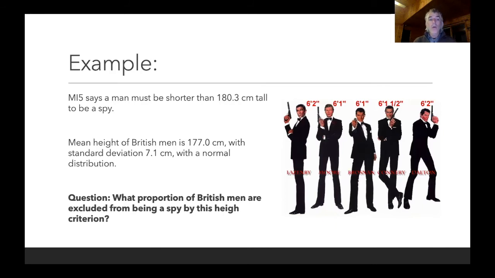Now we know that the mean height of British men is 177 centimeters, and the standard deviation of height in British men is 7.1 centimeters, and that heights in men follow a normal distribution. So with all of this information then, we can calculate what proportion of British men would be excluded from being a spy because of this height criterion.